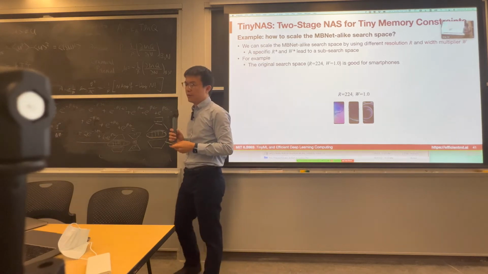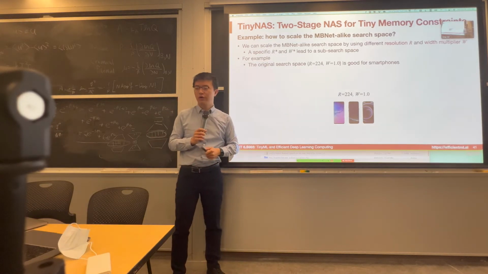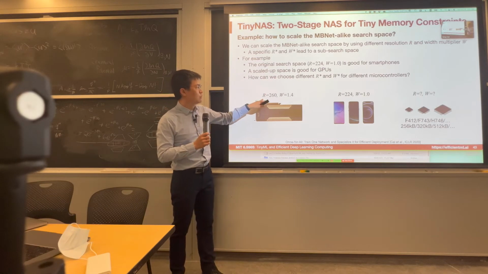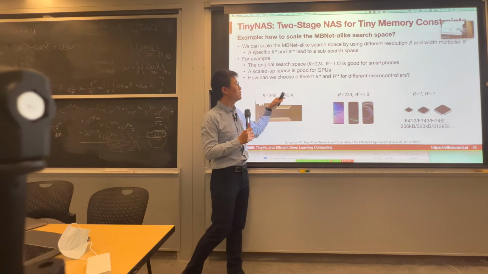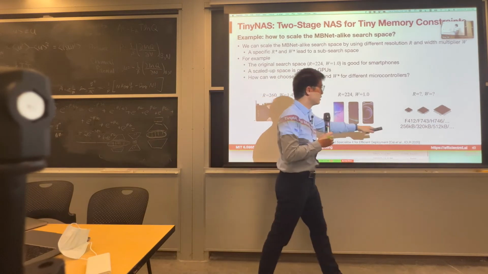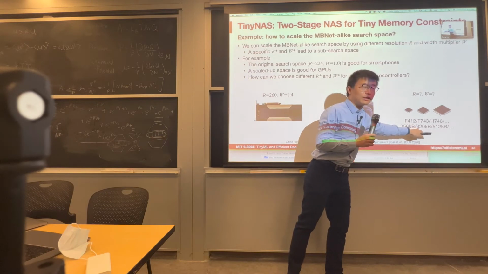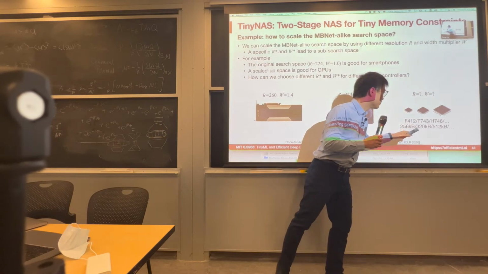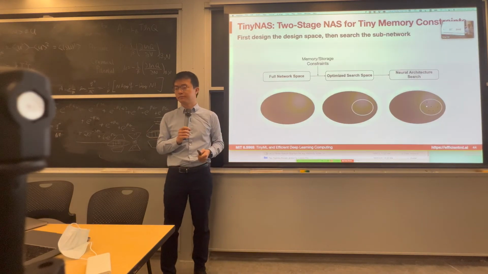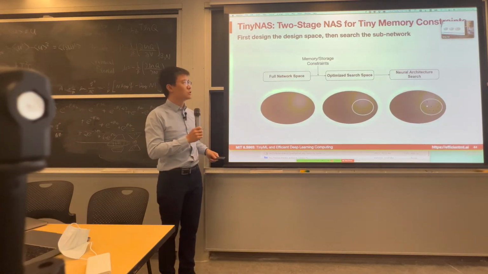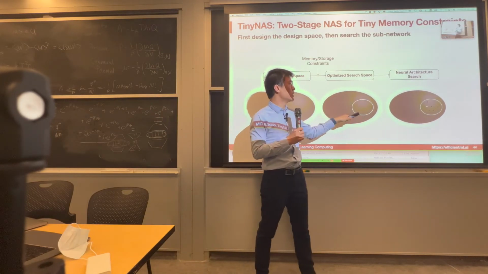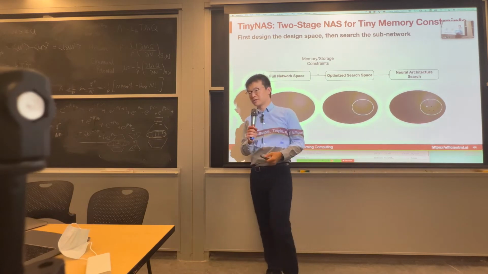But this is not the case for microcontrollers. For GPU, we can have a larger resolution, larger width multiplier, but what about for these microcontrollers, right? And also, they can have completely different memory resources from 256 kilobytes all the way to 512 kilobytes. So we want to first design and optimize the design space, and then perform neural architecture search.